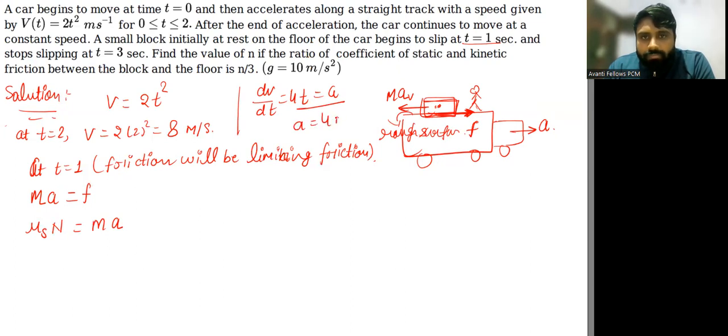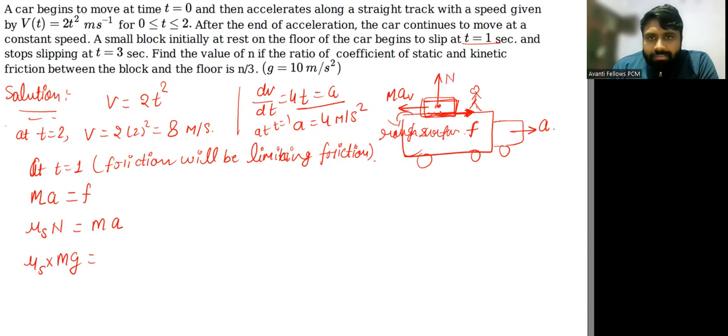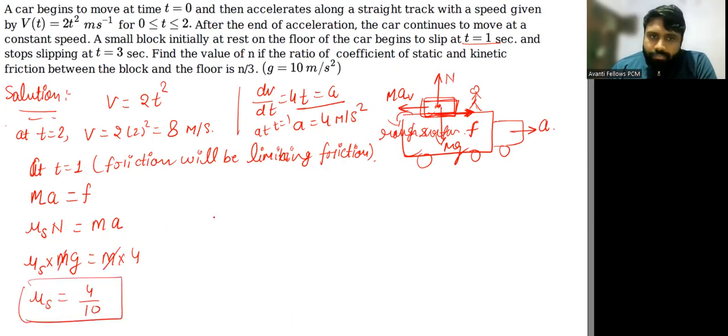So it will be 4 meter per second square at t is equal to 1. So mu s into N, where N is equal to mg. This is the normal reaction and this is the weight of the body, mg. Now m and m will cancel out. So mu s you will have as 4 by 10. Okay. So mu s we have calculated.